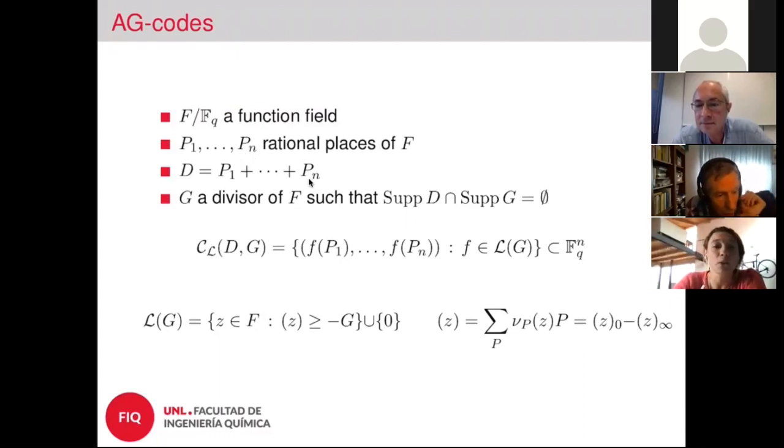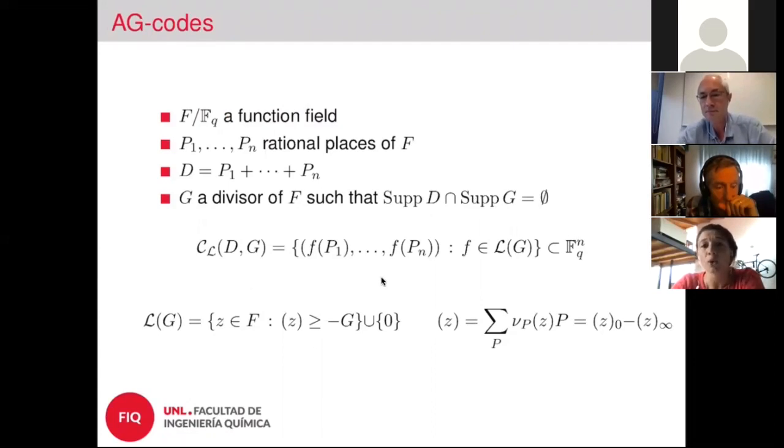And you have to choose two divisors. One is the sum of these places, D, and the other one is another divisor G of the function field, such that the support of G has no intersection with the support of D.